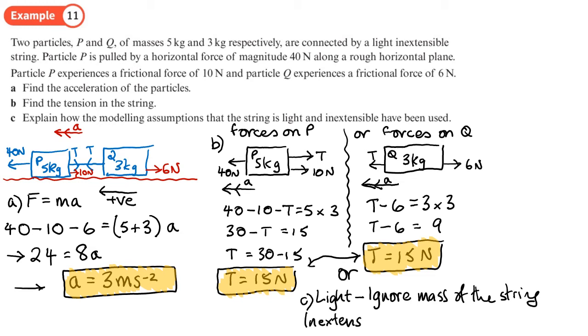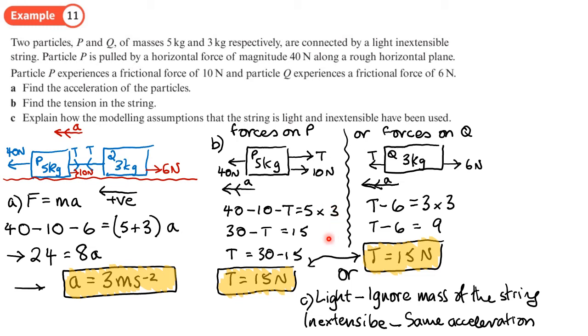Inextensible basically means that the string between them doesn't stretch, so they're both moving at the same speed, which means they have the same acceleration.